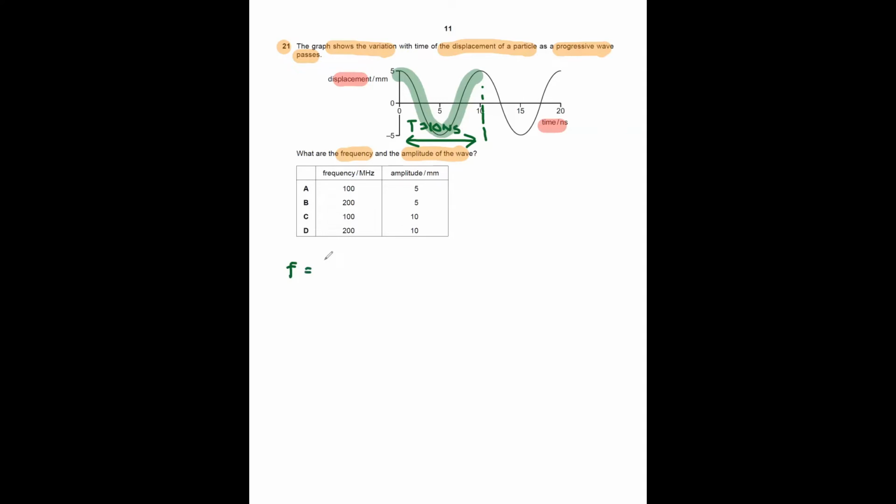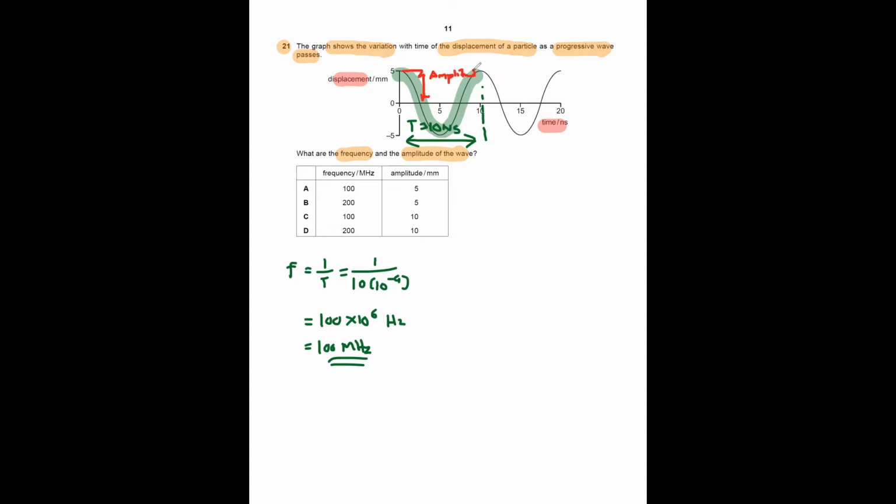So frequency is the reciprocal of period, which is 1 over 10. Because it's in nanoseconds, I must remember to change it from nanosecond to second. So I get 1 over 10 times 10 to the power of negative 9. I get 100 times 10 to the power of 6 hertz, in other words, 100 megahertz. And then you're talking about amplitude. Amplitude is this one.